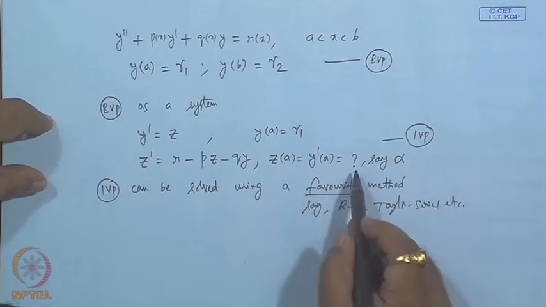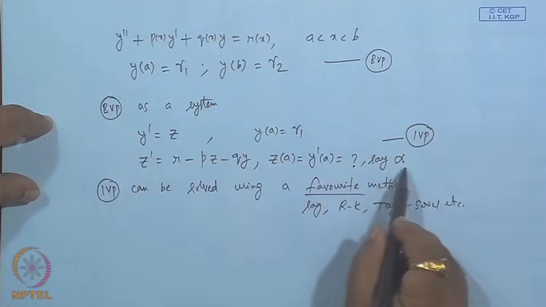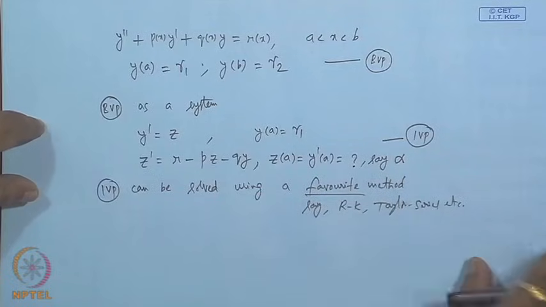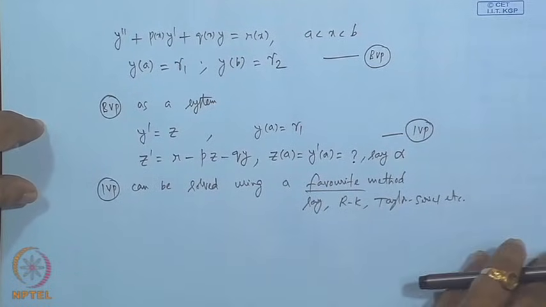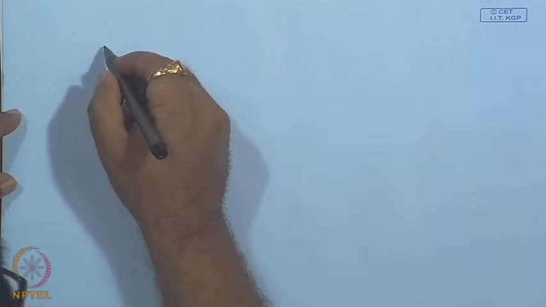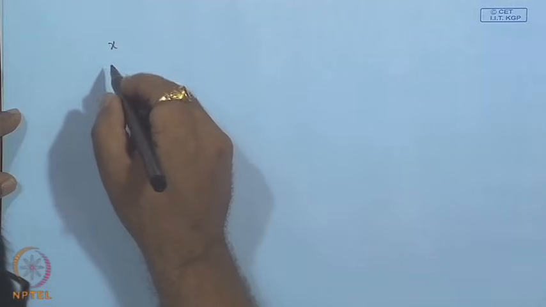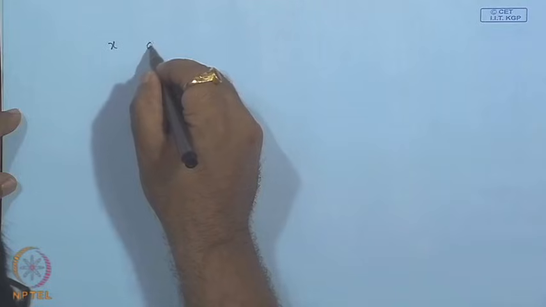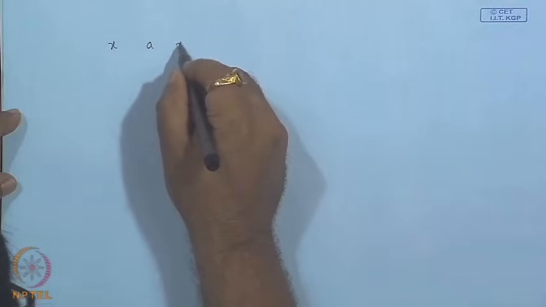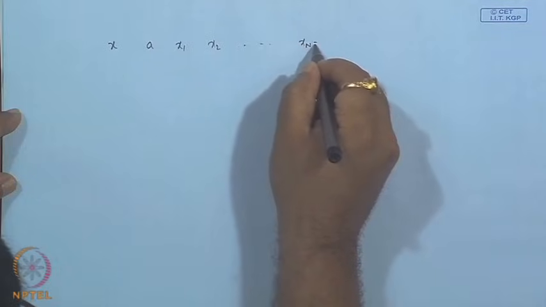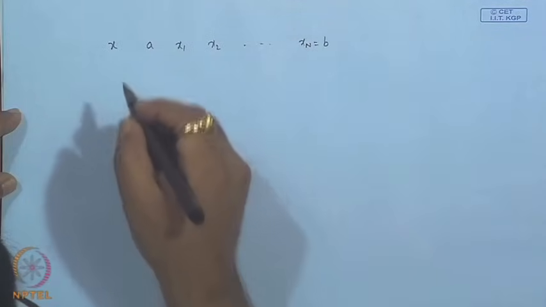However, we have something to do with alpha. We are saying some alpha. We do not know what this alpha is. Once we convert to the equivalent IVP, we can say from a, then x 1, x 2, then x n equals b.